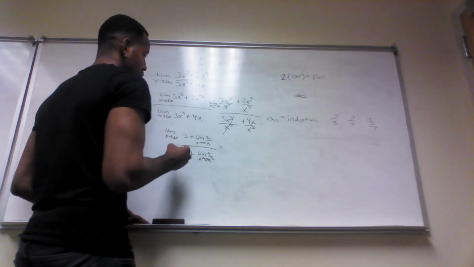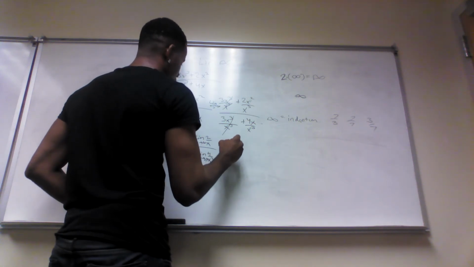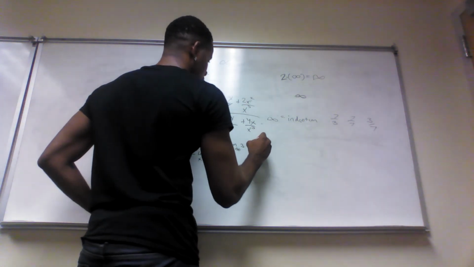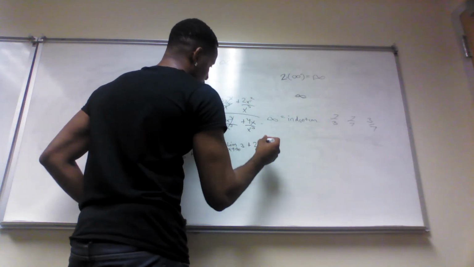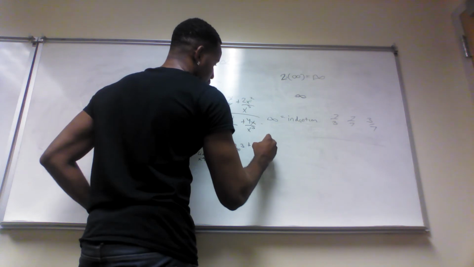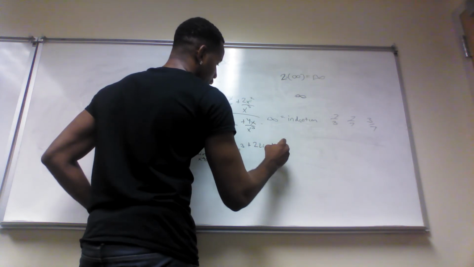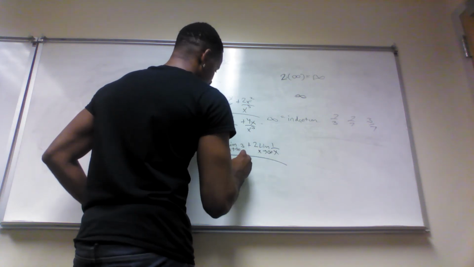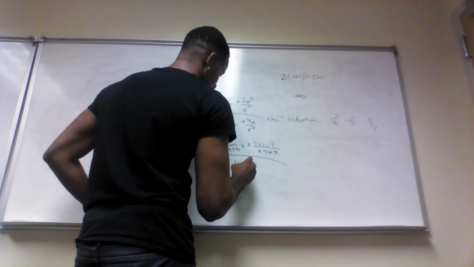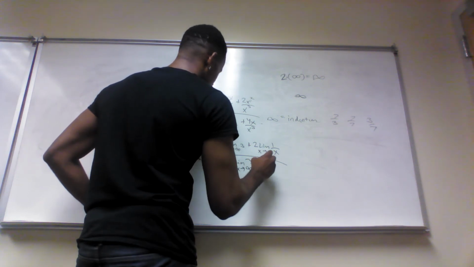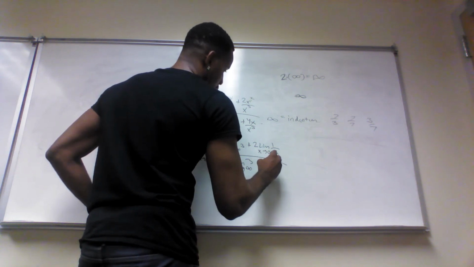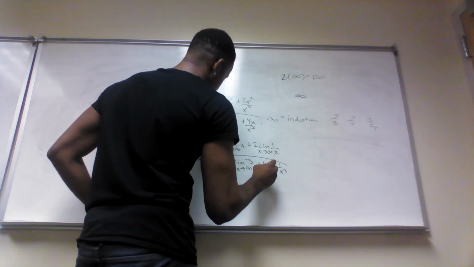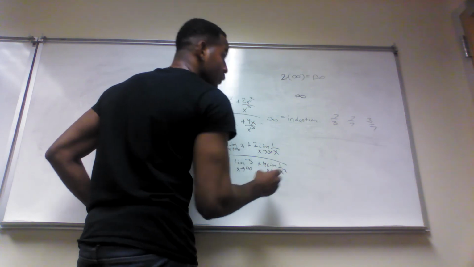And this could be broken down even more to the limit of 3 as x approaches infinity plus 2, from our constant multiple rule, times the limit of 1 over x as x approaches infinity. And then we do it for the bottom, the limit of 3 as x approaches infinity plus, constant multiple rule again, 4 times the limit of 1 over x squared as x approaches infinity.